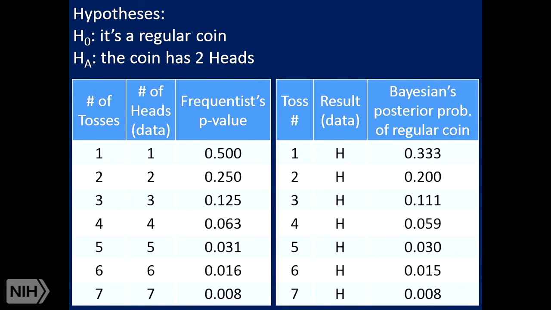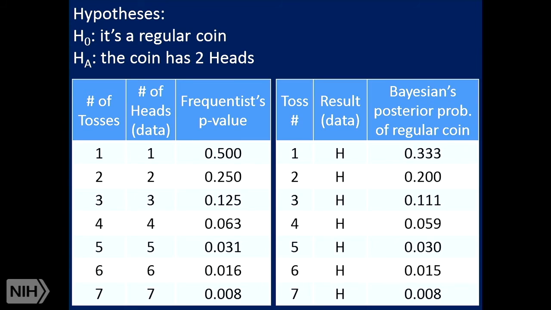They're not equal, but very interestingly, very, very close. The one that is the farthest is after the one toss. After one toss, the Bayesians say there is a 1/3 chance that you are tossing the regular coin. But the p-value goes down to 0.5. But after that, they get pretty close.